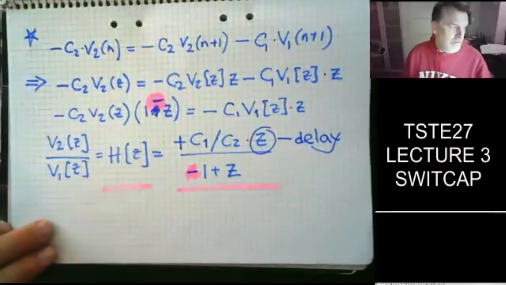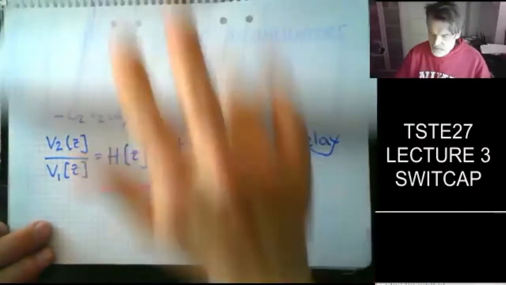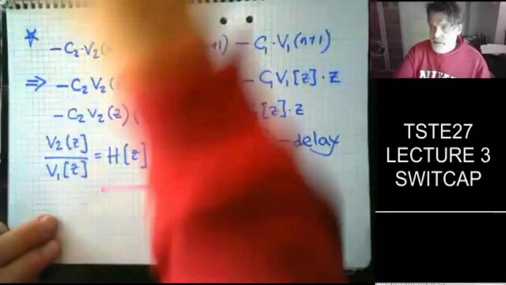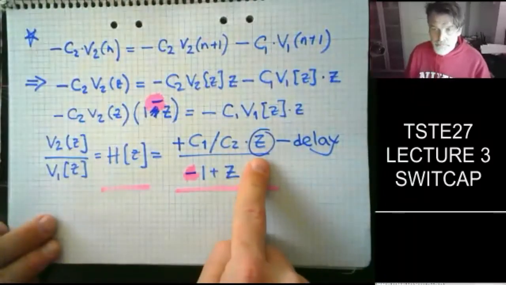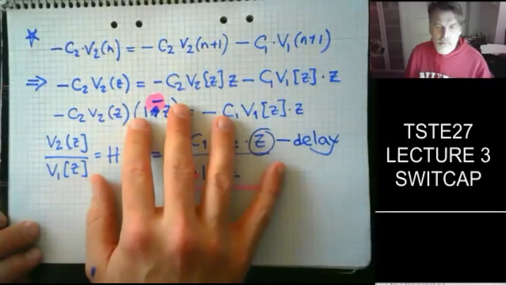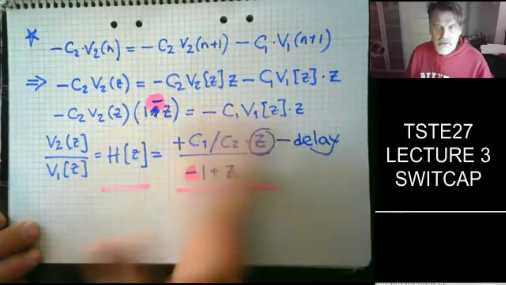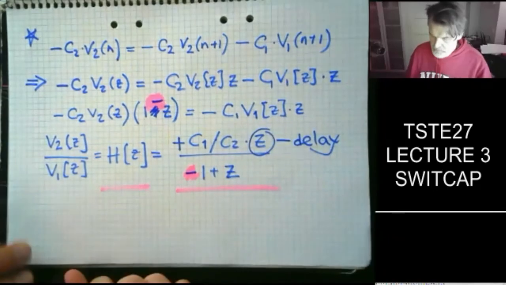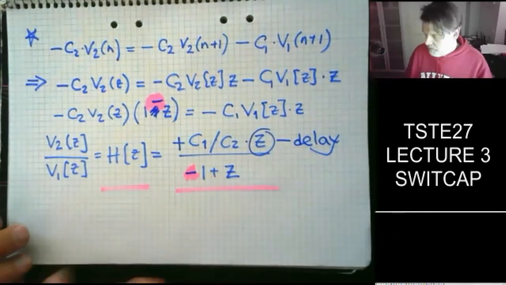Okay, there is a trick we can do. We can change the location of the switches, flip one of them, and then this Z would go away. So there's also a certain accumulator type which has 180 degrees phase shift or not, depending on the switching.